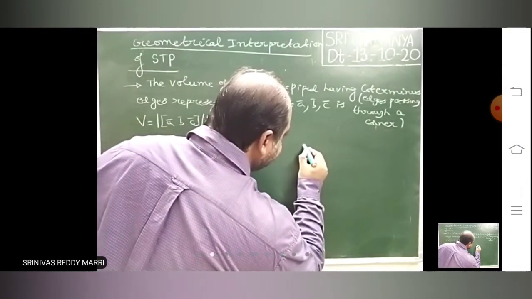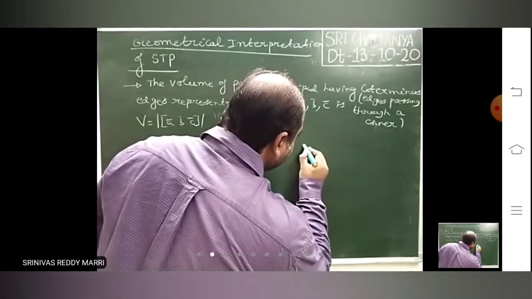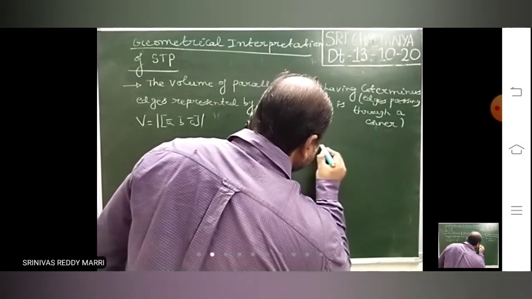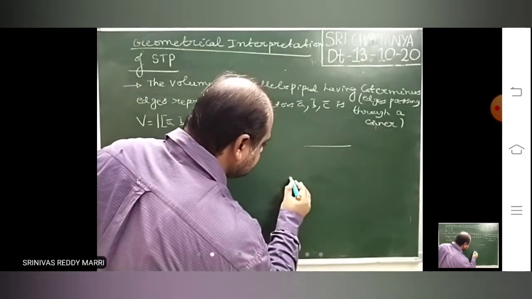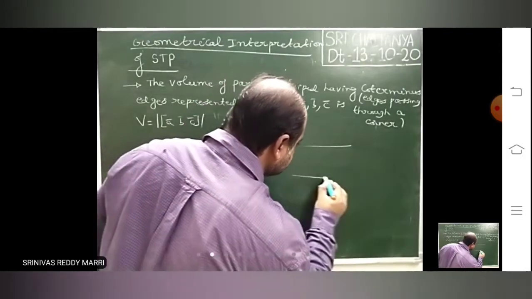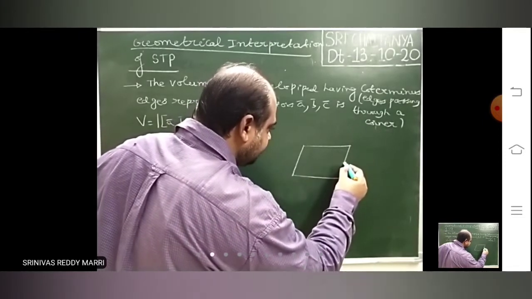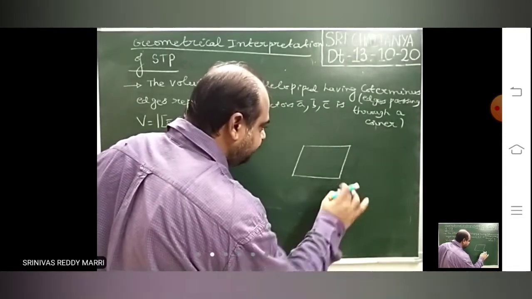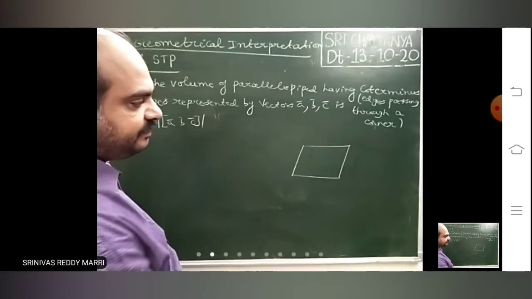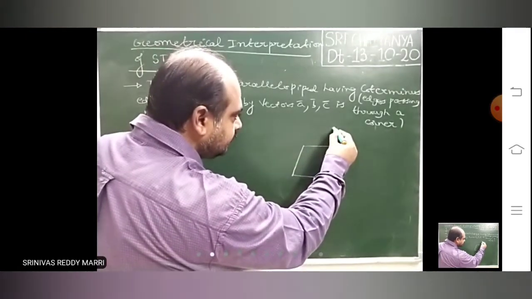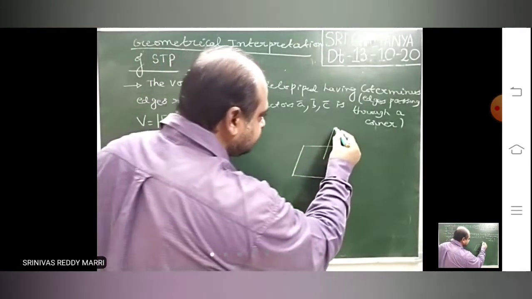Whenever you draw a parallelopiped or cuboid, you have to draw like this. This is one parallelogram, and all faces will be parallelograms. In a parallelopiped, this is one parallelogram, and another parallelogram you draw like this.